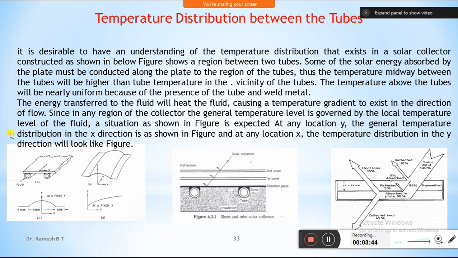There is a general temperature distribution in the x direction, and at any location x the temperature distribution in the y direction will look like the figure. Here the y direction indicates the thickness of the tubes, and the x direction is along the diameter of the tubes. So the heat distribution is in the x direction as well as the y direction.